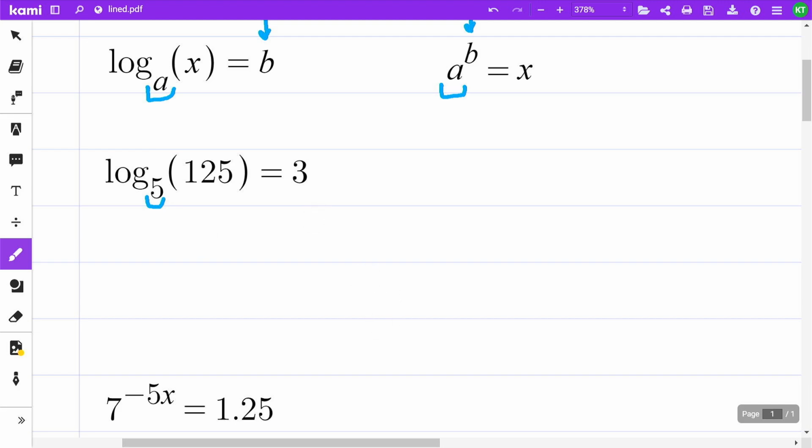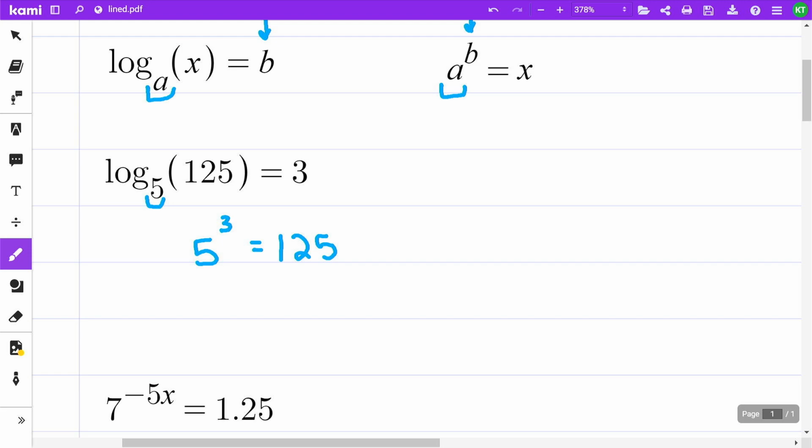So it'd be 5 to the power of what we have equal to, 3, is equal to 125. And if we went ahead and calculated that, 5 times 5 times 5, or 5 to the power of 3, is equal to 125. So that's converting from log to exponential.